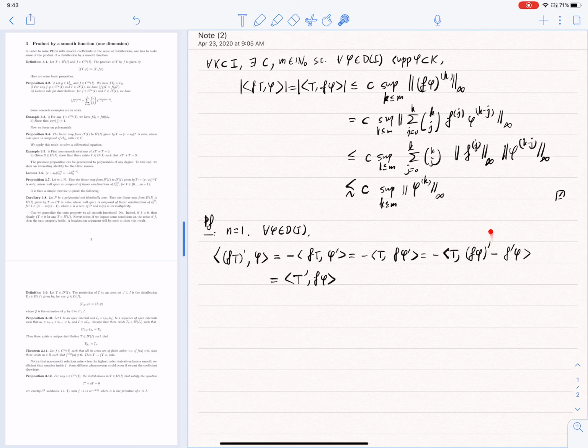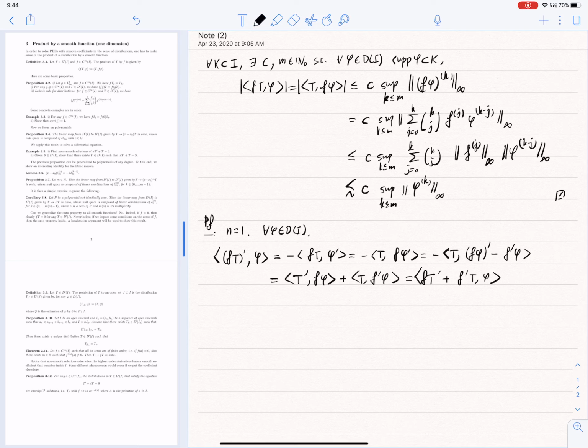Together with T and the negative sign, it's like we pass it back to the distribution, so we have T' applied to f phi, and then plus T applied to f' phi. Now we can reverse the multiplication, put the function back on the distribution side, so that we have fT' plus f'T applied to phi. And this shows that (fT)' is equal to fT' plus f'T, which is exactly the Leibniz rule in the case n equals 1.